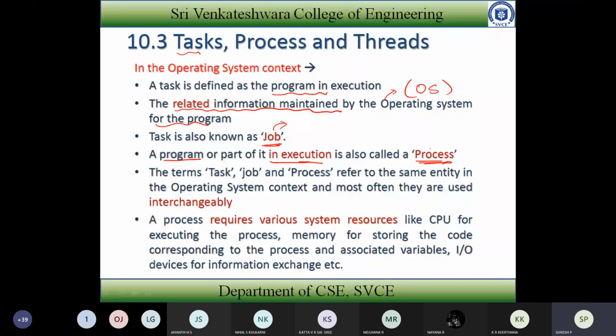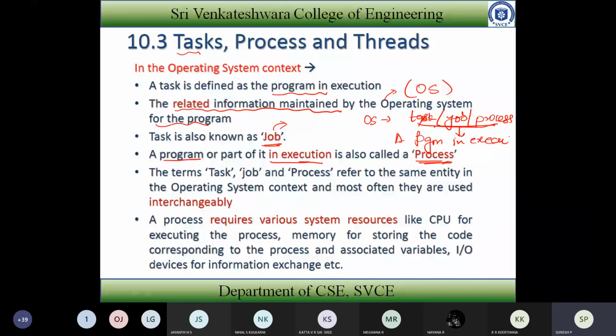So in terms of operating system concepts, task, job, and process all relate to the same thing, but they are referred to with different names. All refer to what? A program in execution.